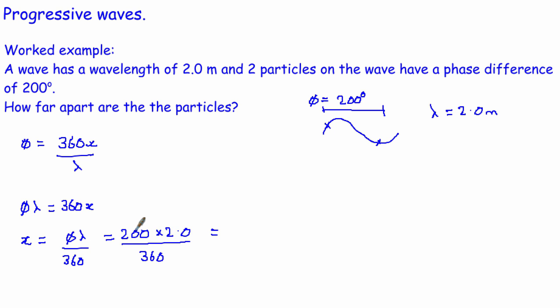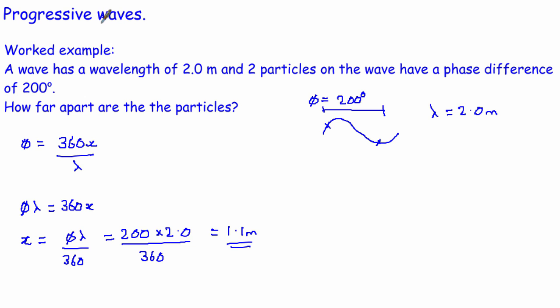I'm not sure how many significant figures this is, but it's potentially 1. So I'm going to write this down to 2 significant figures. So if I do that, I get 1.1 meters. So what I'm really saying is that the whole wave has a wavelength of 2 meters, but any particle that's 1.1 meters apart is essentially going to be out of phase by 200 degrees.